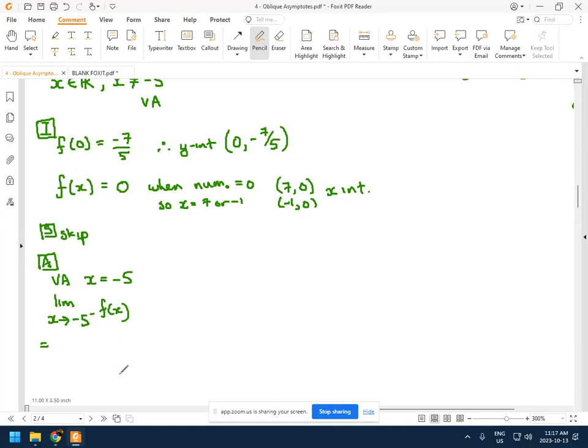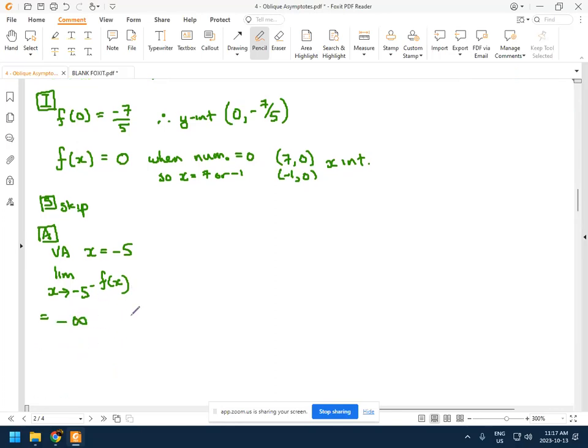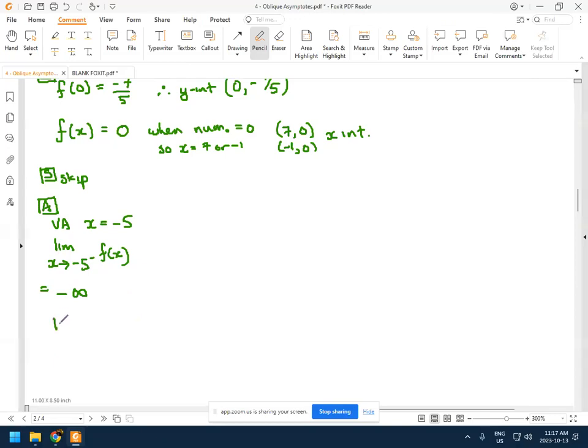That's going to be negative infinity. Limit as x goes to -5 from the positive side: that's a negative times a negative divided by a tiny, tiny, tiny positive. So it's going to be positive infinity.